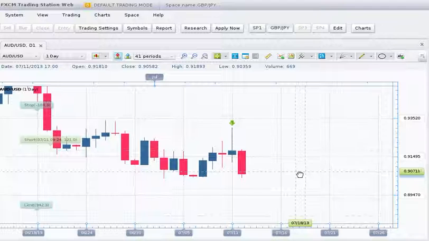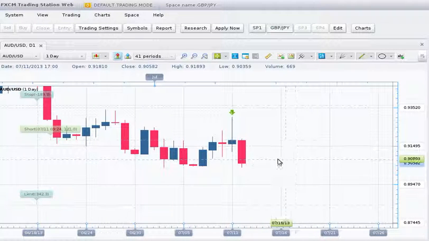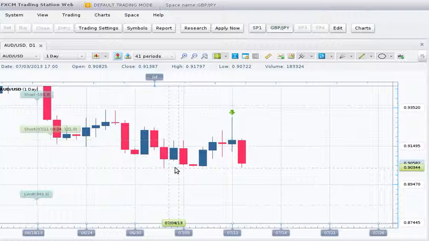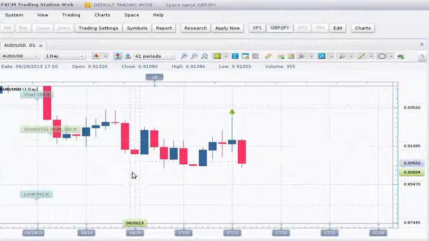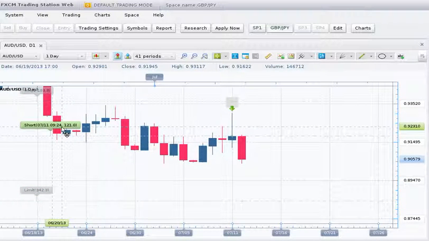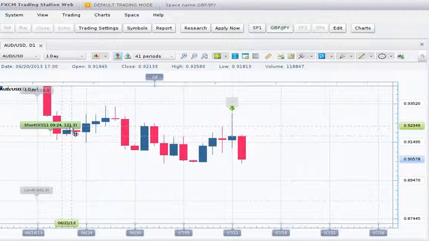It wouldn't necessarily be a bad idea, but it would depend on your trading setup and your rules. My rules allow me to hold this trade. I think that's 120 pips in it.